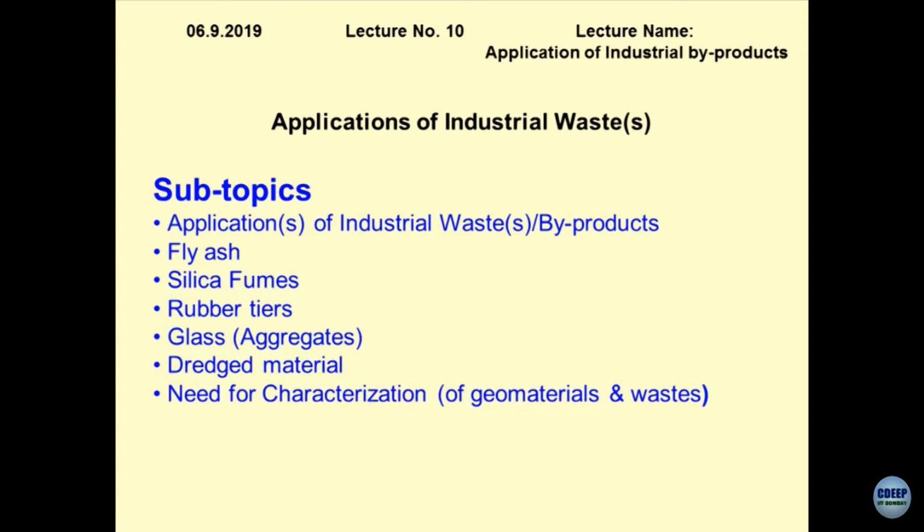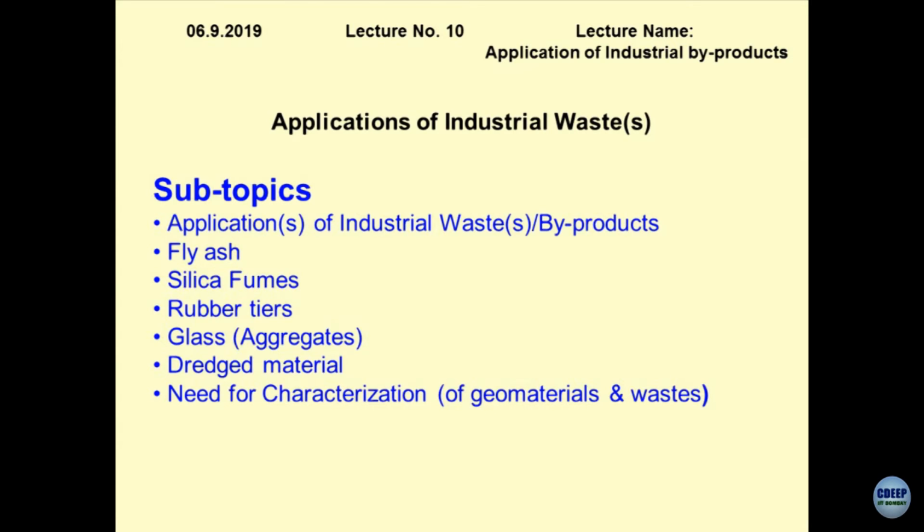We talk about fly ash, silica fumes, rubber tires, glass aggregates, dredged material, and from here the question would come: before I start utilizing these materials, how would I understand what their potential is, how they can be utilized in the modern day concept, how value can be added to these materials, that is the valorization. And this is where our lab has been working in pursuing the concept of man-made soils also, which I was talking about some time back.